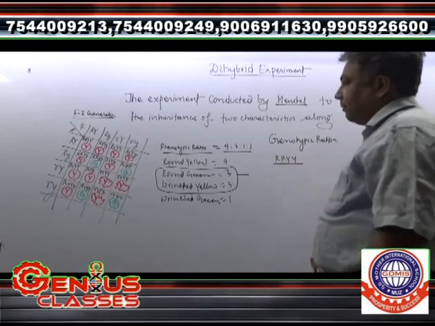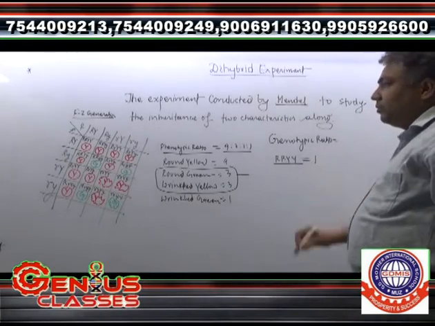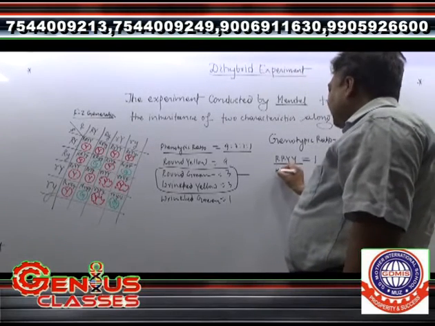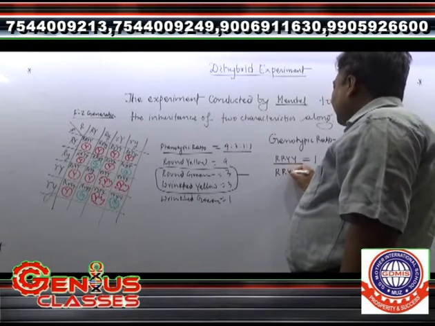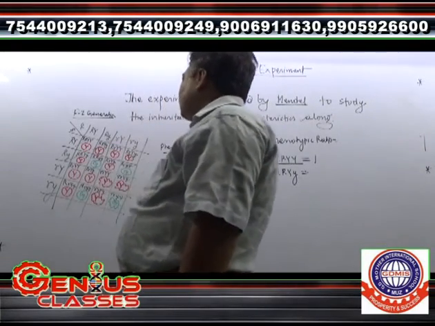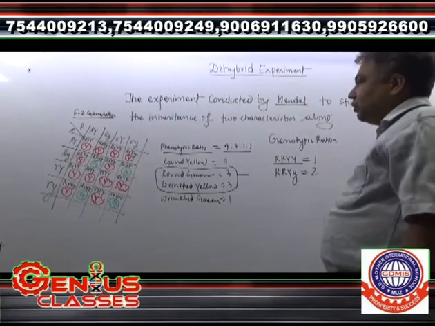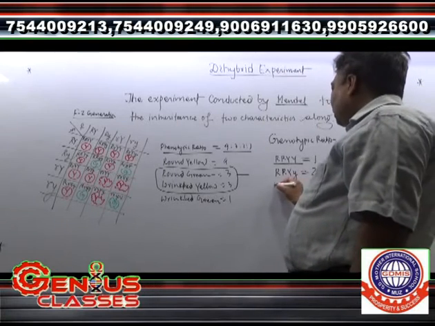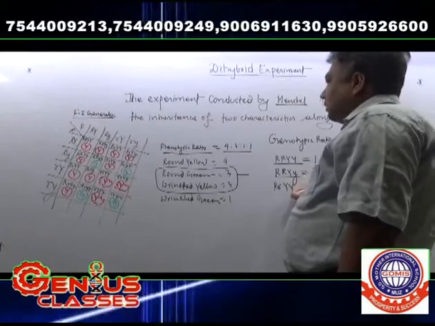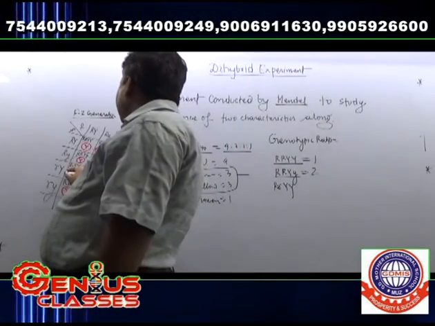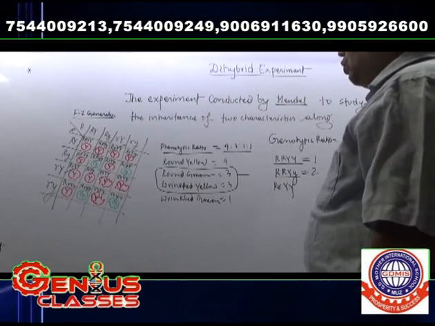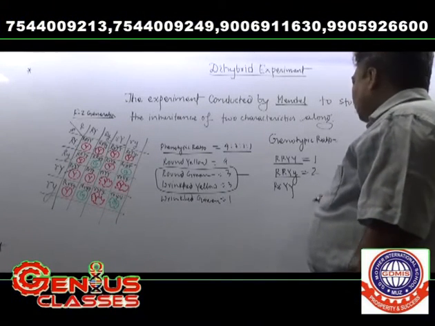This is the parental type and its number is 1. Then comes R capital, Y capital, Y small. Its number is 2. Then comes R capital, R small, Y capital, Y capital. Its number is 2.